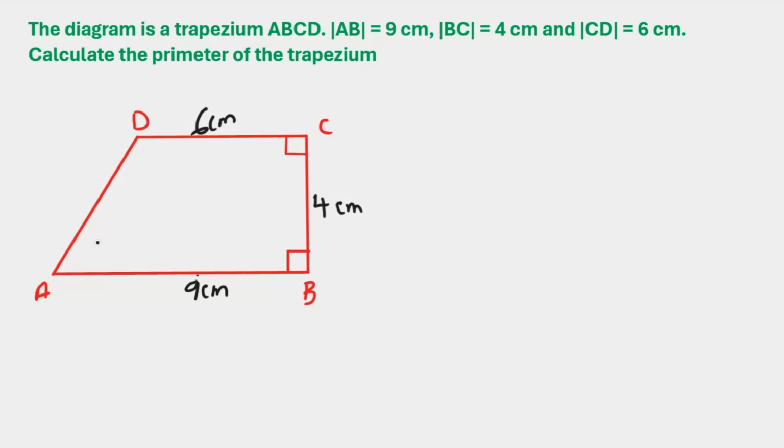Because we have to find AD. How can we find the length AD for us to find the perimeter? The best thing is to draw a fifth line. This is how the line is going to be. So let me use this one.